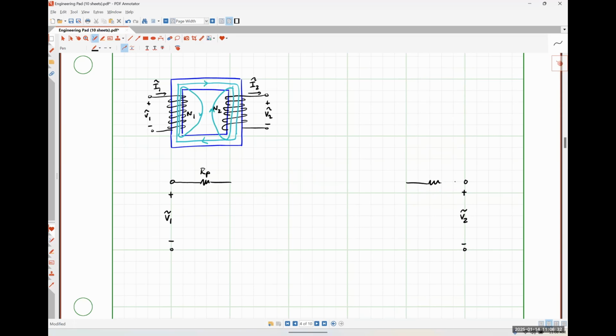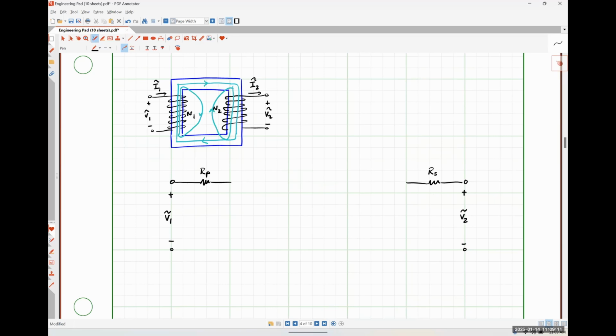Let me fix that. Some resistance RS. So these resistances RP and RS are there to account for what are called the copper losses, or I squared R losses that we might see. Essentially, as we pass current through a wire, it tends to heat up, and some of the power that we're trying to transmit is lost because it's converted into heat. That's what these are doing, okay?